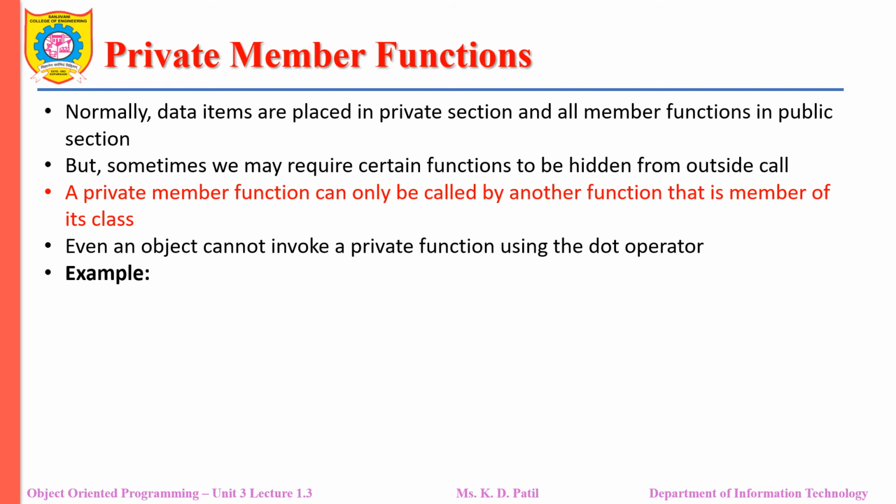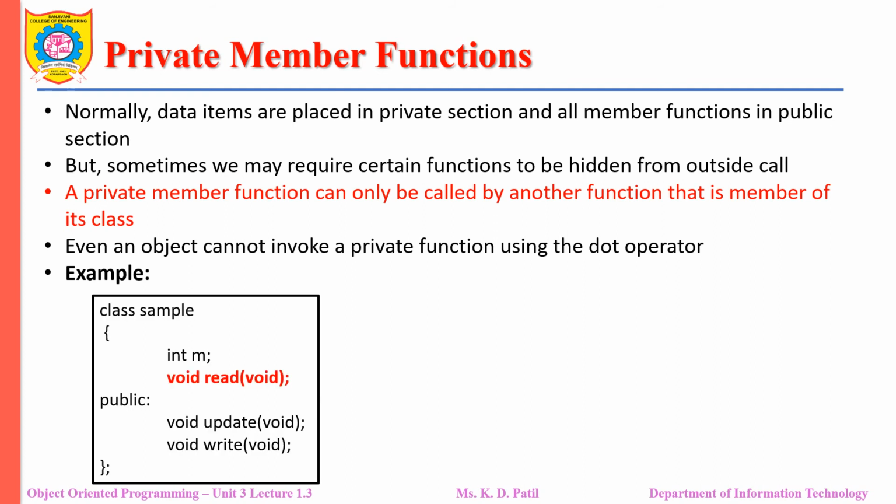That means the member function which is declared in the private section of a class can be called only by a member function which is declared in the public section of that respective class. Even an object cannot invoke a private member function using the dot operator.